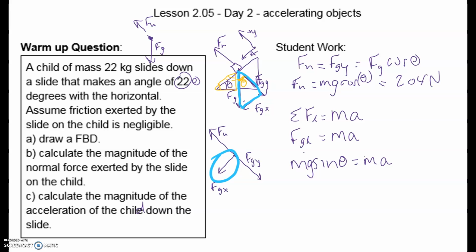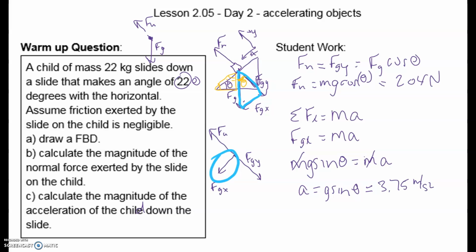What's convenient here is we have fewer numbers to plug in because mass cancels out. So the acceleration of this child is equal to g times sine theta, which, plugging in 10 meters per second squared and 22 degrees, gives us 3.75 meters per second squared.